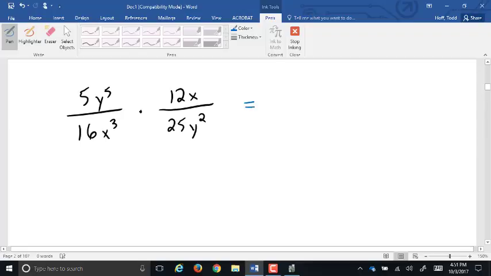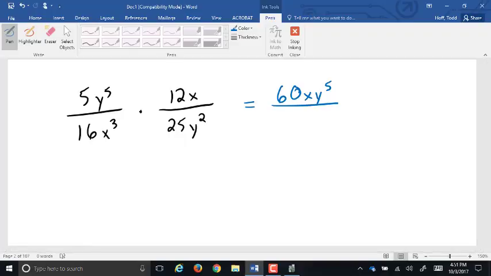So we multiply this out. 5y to the 5th times 12x. Well, 5 times 12 is 60. Y to the 5th times x is just x y to the 5th, just putting them in alphabetical order. 16x to the 3rd times 25y squared. 16 times 25 is 400.